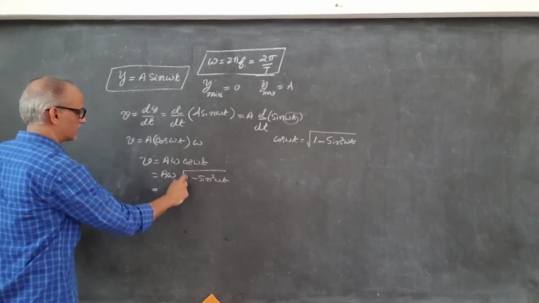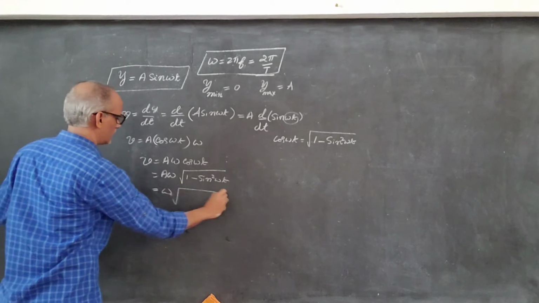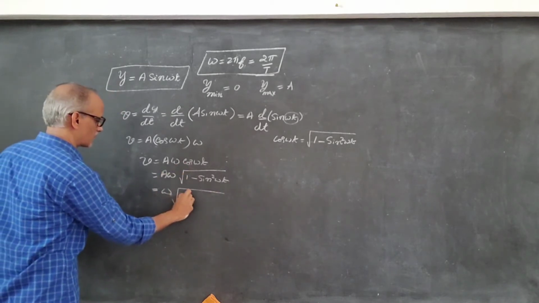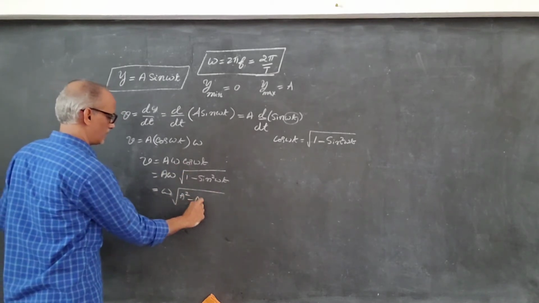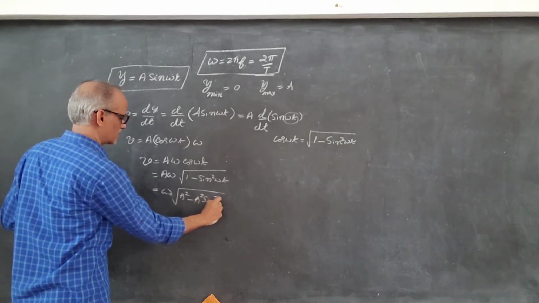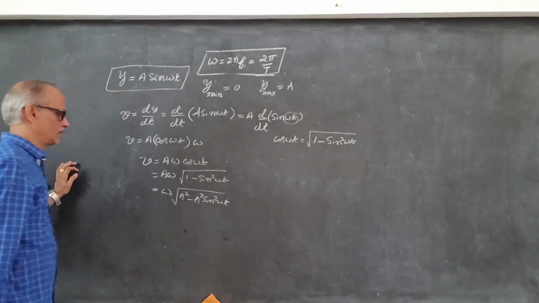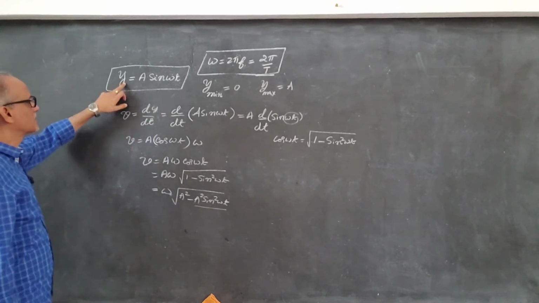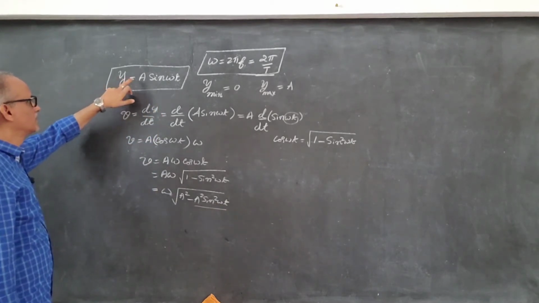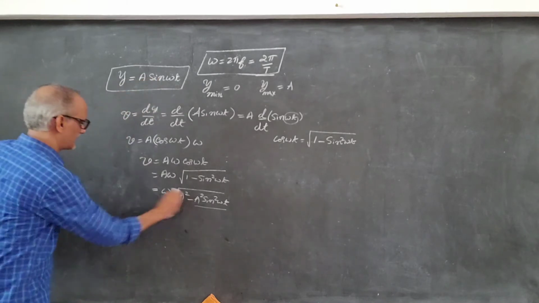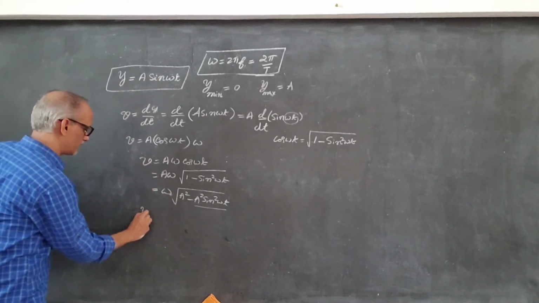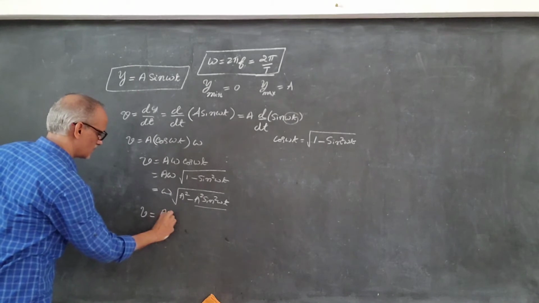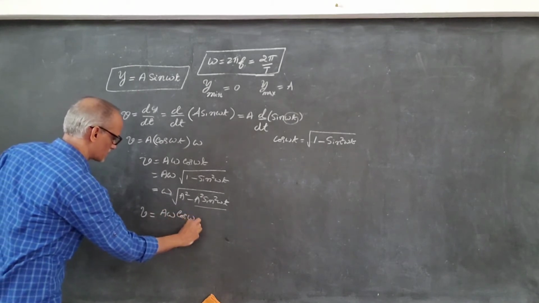So you take a within the root, so I'll get omega into root of, when you take a within the root, it becomes a square minus a square sin square omega t. But what is a square sin square omega t? That is nothing but y square, because y square is nothing but a square sin square omega t. So therefore, one of the equations for v is a omega cos omega t.